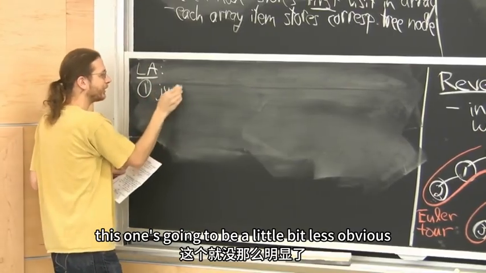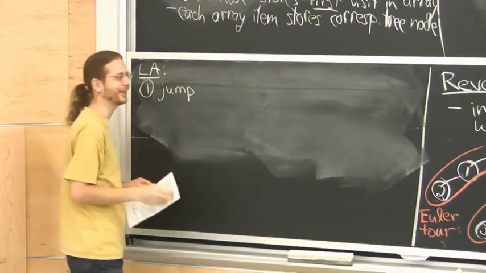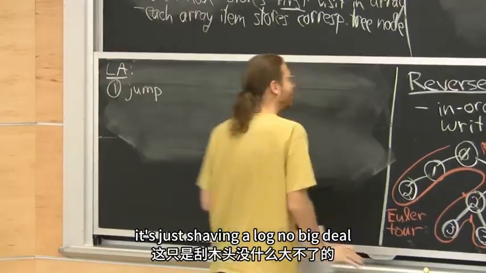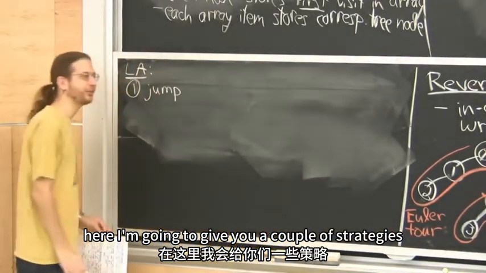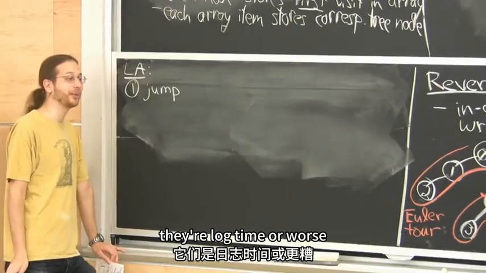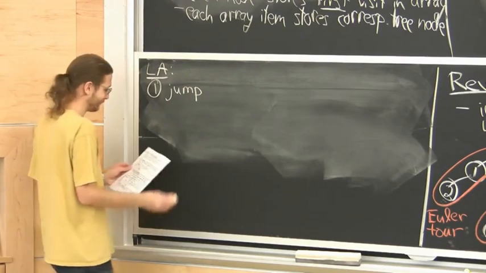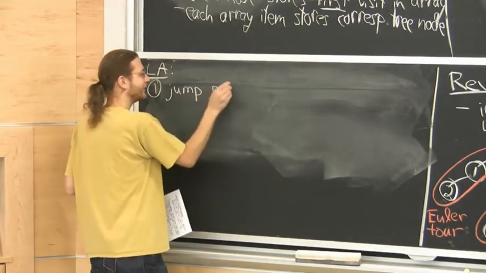This one's going to be a little bit less obvious that we will succeed. Okay, here we started with n log n space. It's just shaving a log, no big deal. Here I'm going to give you a couple of strategies that aren't even constant time. They're log time, or worse. And yet you combine them and you get constant time. It's crazy.